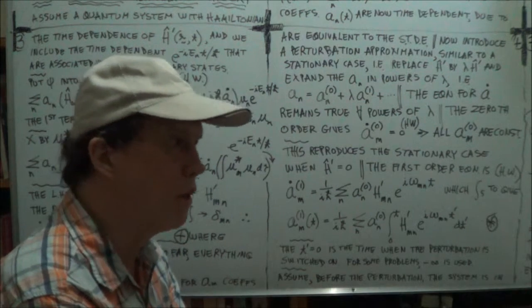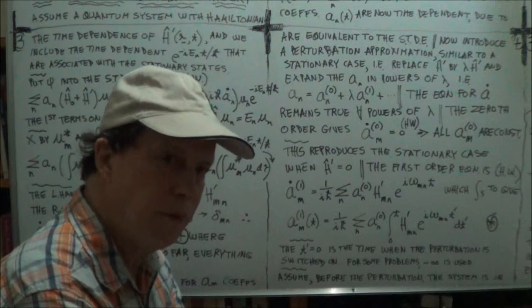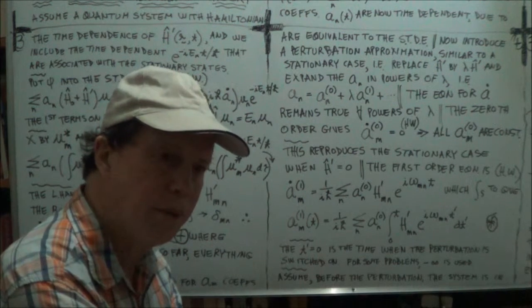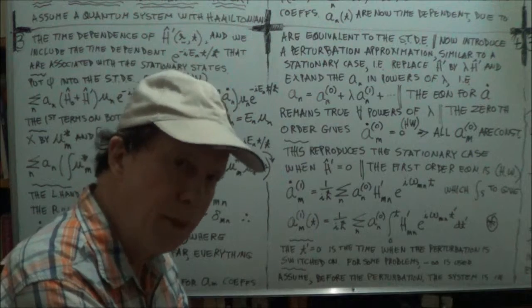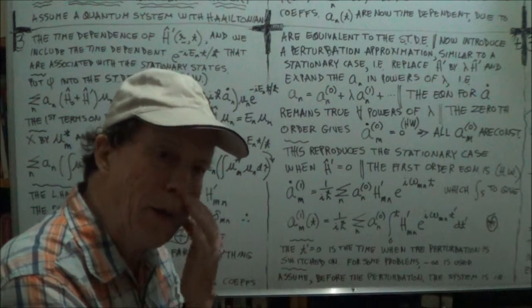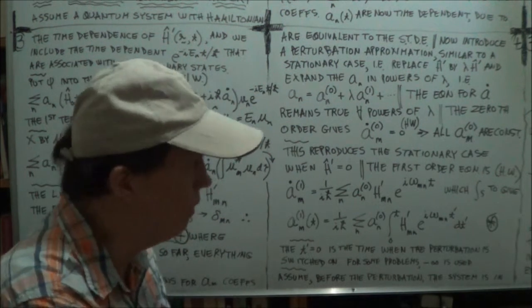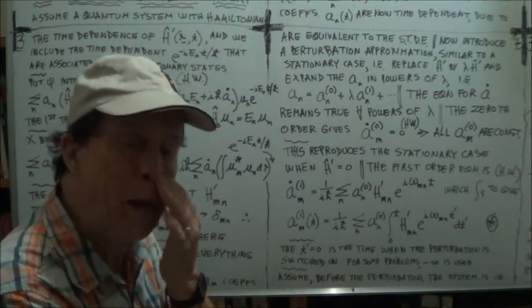And we will expand the wave function psi also in terms of a power series in lambda. So your psi would then be psi naught plus lambda psi 1 plus lambda squared psi 2 and so on. Okay, so let's do that.